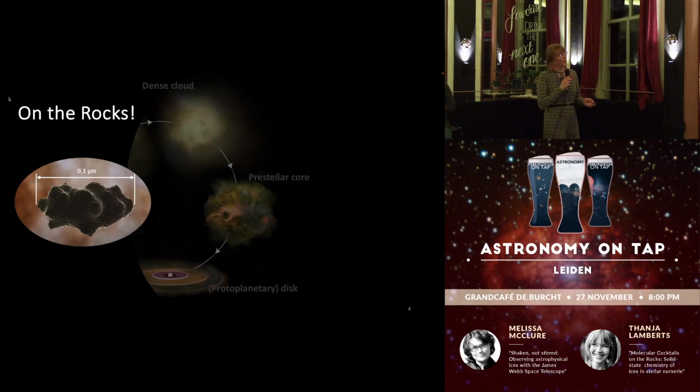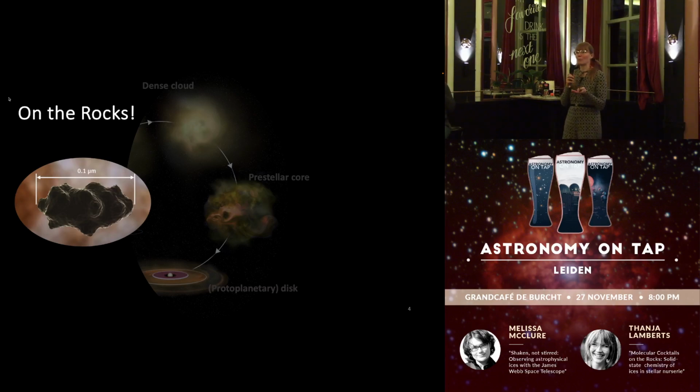And this is also where the on the rocks part of the title comes from. So actually what happens is that especially in these stages here, at the core of the either cloud or prestellar core, the temperatures are very, very low. And that means that whenever you have a surface, atoms and molecules can freeze out onto that surface.